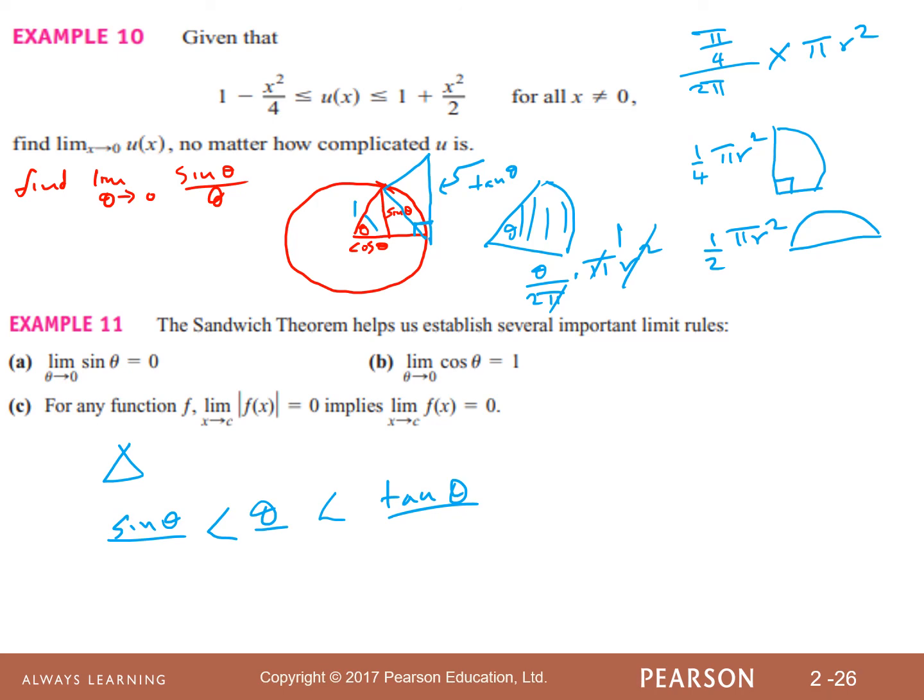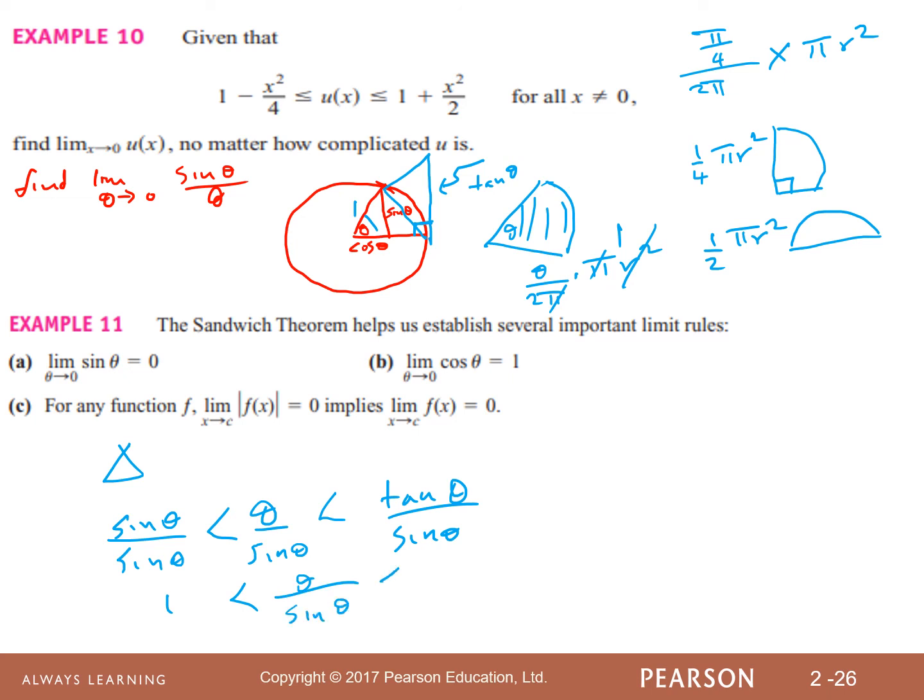I'm going to divide by sine theta. Okay? Now, if I divide by sine theta, what do I get here? 1, right? And over here, I get what? Theta over sine theta, right?